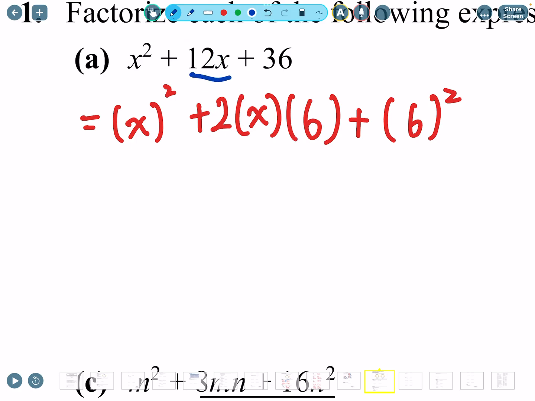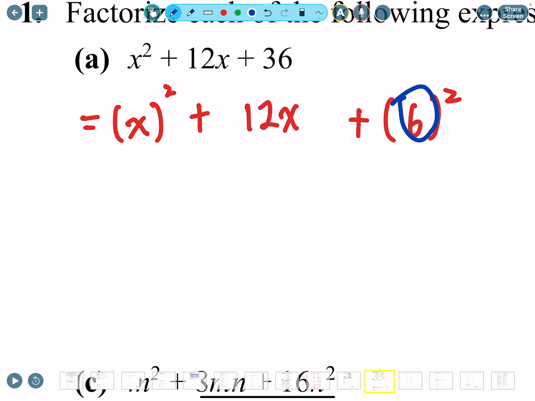So basically, if you separate this into 3 brackets, it will turn to these 3. Now you don't have to write the middle term, and I'm not that strict on this. You can just write 12x. But please try to double check if you have time. Like 6 times 2 is going to be 12, and that's how you double check.